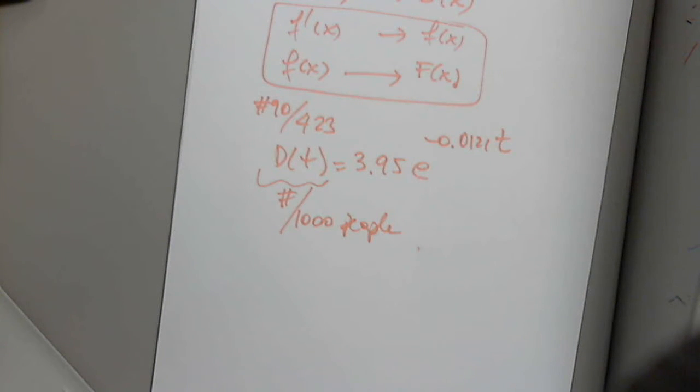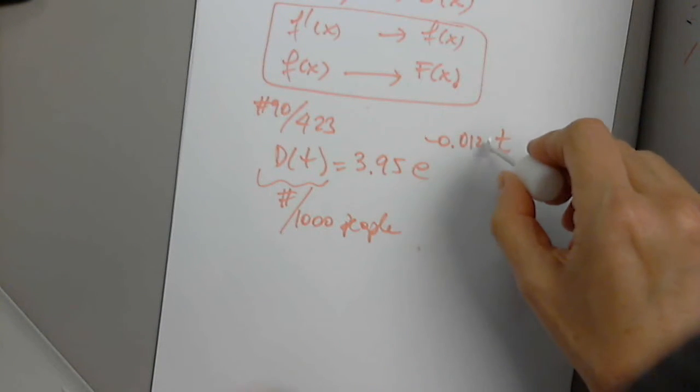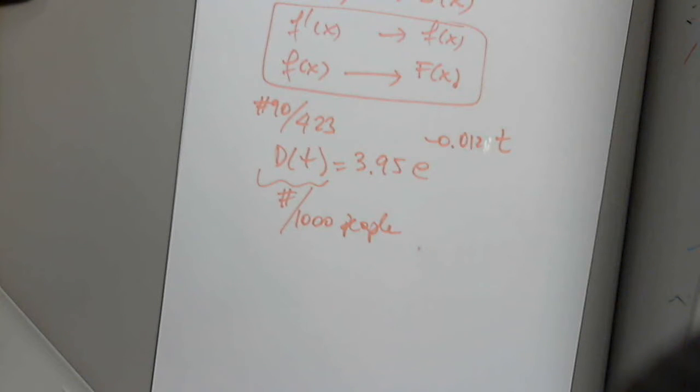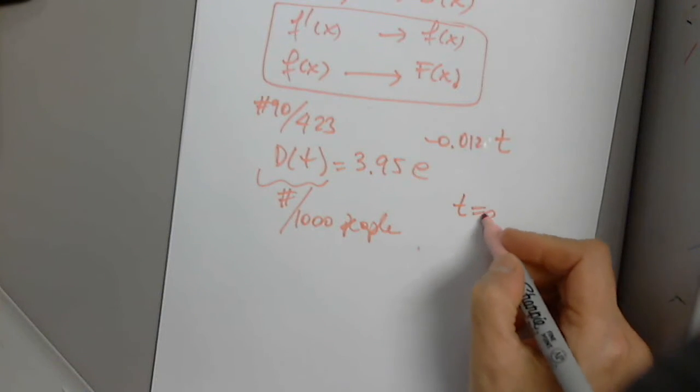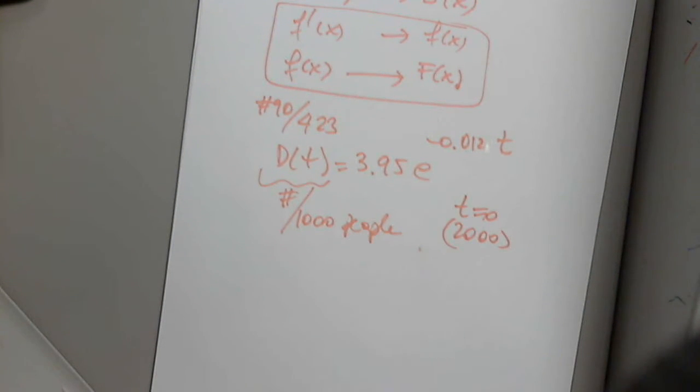Oh, there's not a 1 at the end. Okay, sorry. T is years after 2000, so T equals 0 represents the year 2000. Perfect. Find the total number of divorces per 1,000 people in the United States from 2000 to 2008.